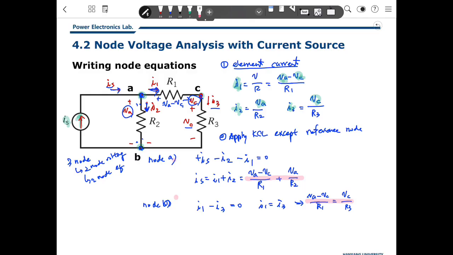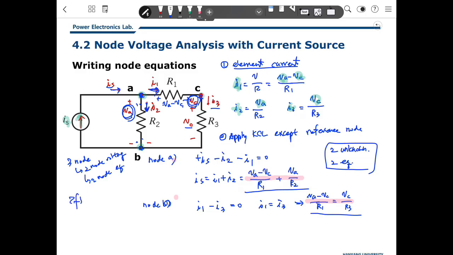So we have two equations from the nodes. There are two unknown variables, the two node voltages VA and VC, and we have two equations. So two unknowns and two equations, so we can solve it very simply.